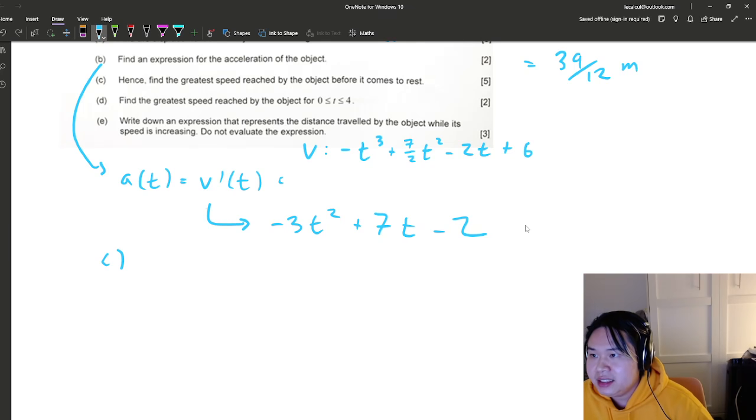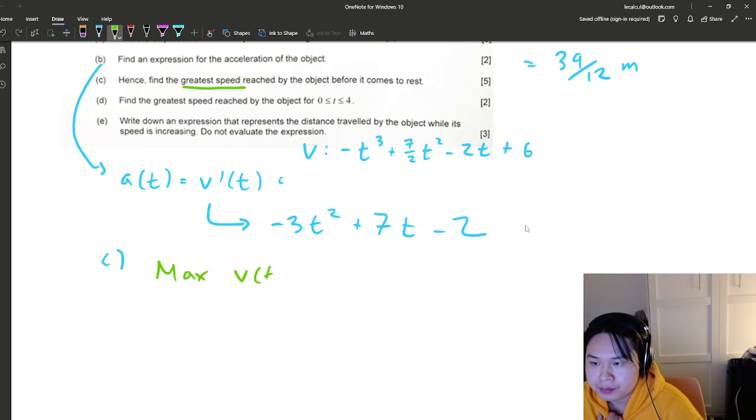Okay, next. Hence, find the greatest speed at which the object comes to rest. So, okay, greatest speed. Basically, we want to maximize v, right?